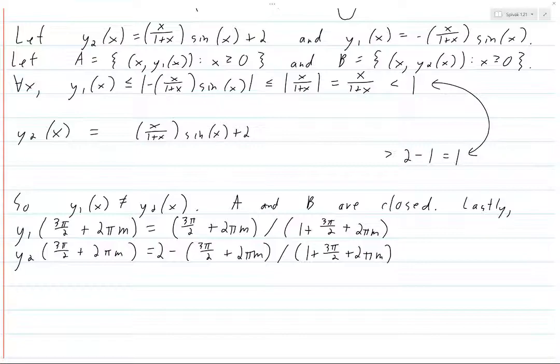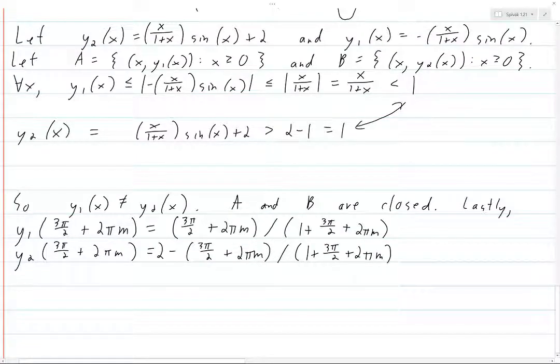So here we go. This is a little nicer. Okay, so we know that y1 is strictly less than y2.